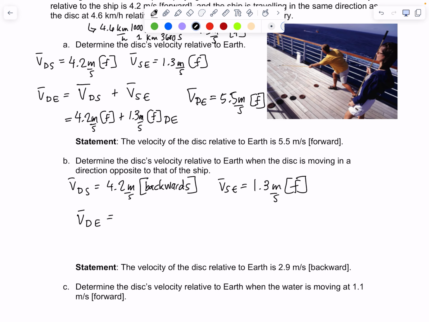So I'm going to combine these speeds such that their symbols, their variables, the first is d and the last is e.